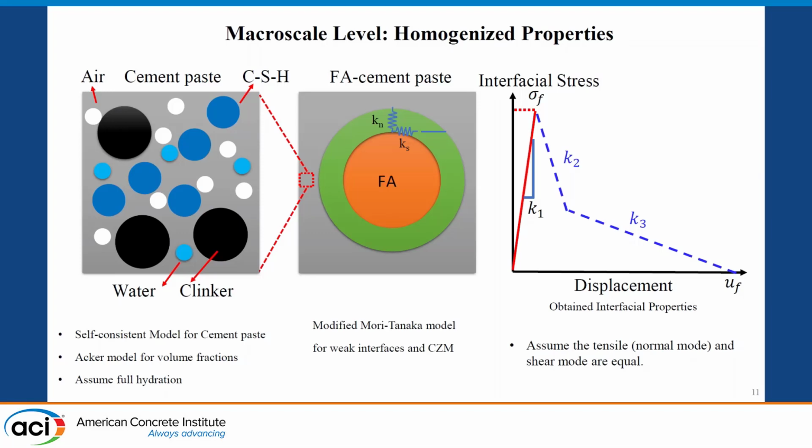Then you need to provide certain estimates for how the CSH matrix behaves when it's cement hydration. So we assume the full hydration of cement. We are able, from the stoichiometry, to calculate the amount of the phases. We know the mechanical properties of each of the phases. We can calculate the homogenized effective stiffness. We also know the interface properties from the previous steps.